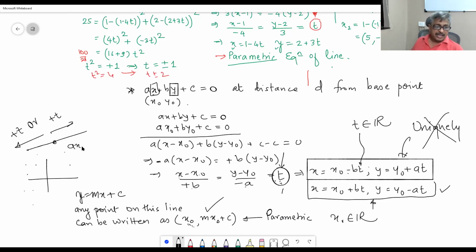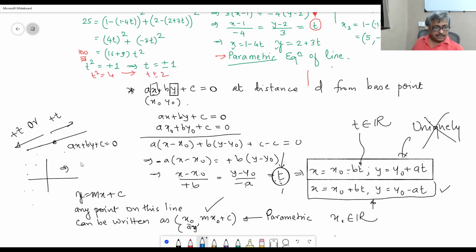If you have been given ax plus by plus c is equal to 0 as the equation of a straight line and I want to write it in terms of y naught, then I can do it. ax plus c is equal to opposite of by. Therefore, ax plus c upon opposite of b is equal to y. Sorry, I should not have done it like this. Again, it came into x naught only.